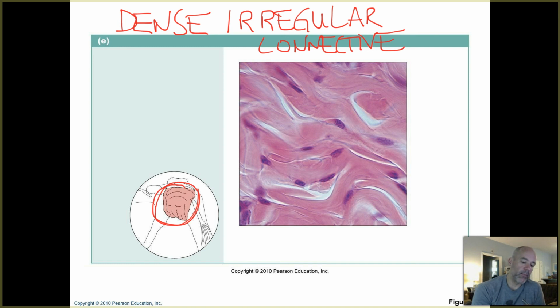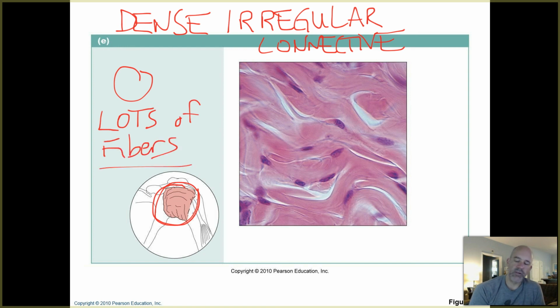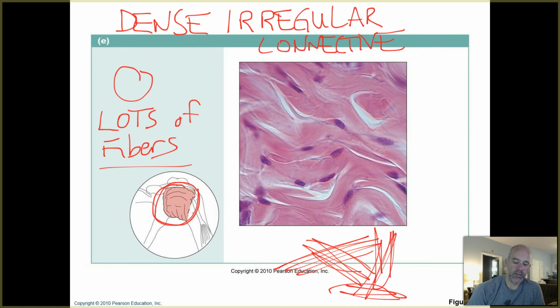So dense, again, means you have lots of fibers, mostly collagen. You've also got elastic fibers in there as well. But the fibers are not in parallel. They run in many different directions, like you see on here.